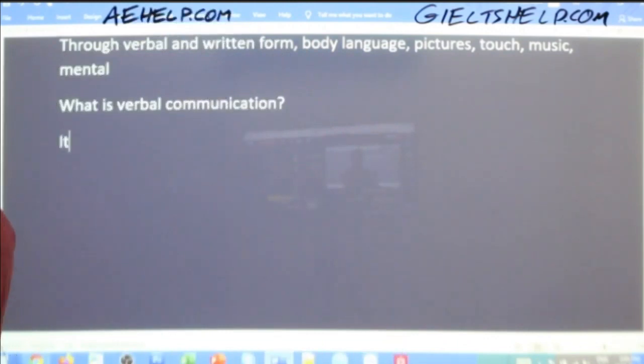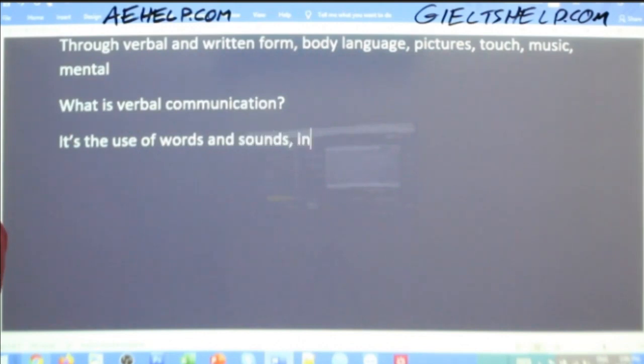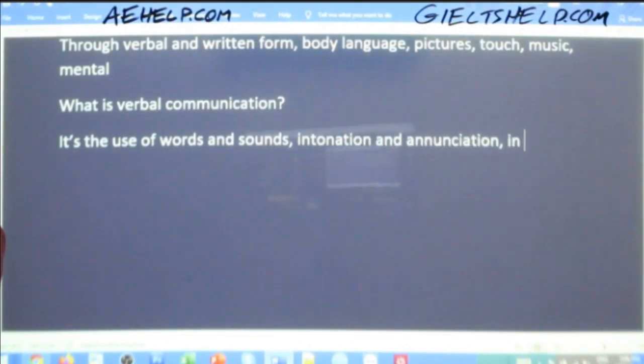So it's the use of words and sounds, intonation, and enunciation, usually in real time.